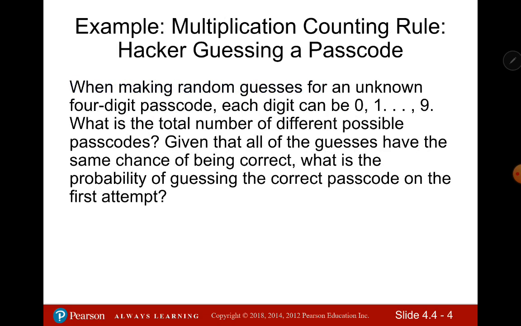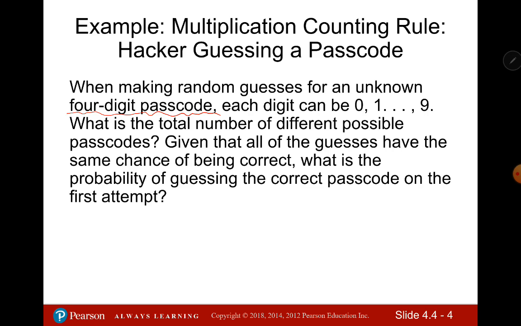Let's check an example. This time, we want to guess a 4-digit passcode. We can treat it as a sequence of events. The first event is trying to guess the first digit of your passcode, right? The second event can be guessing the second digit of your passcode, and so on.